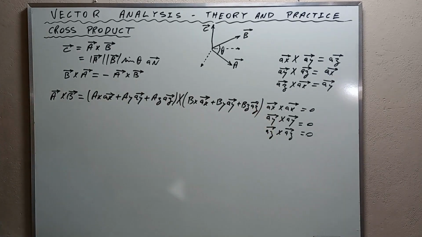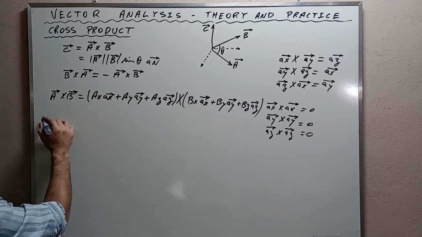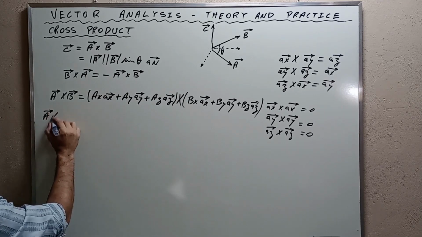If we compute this cross product, we find that it is a vector, of course. The result of the cross product is a vector.